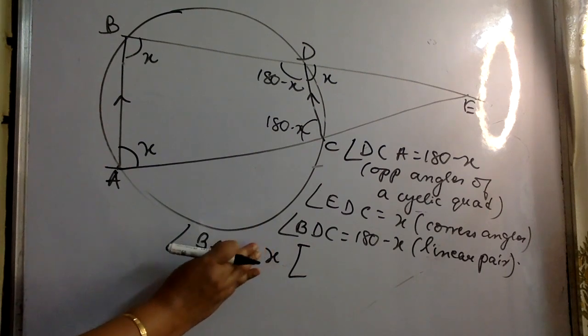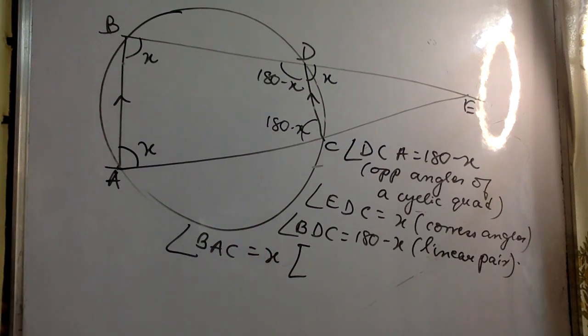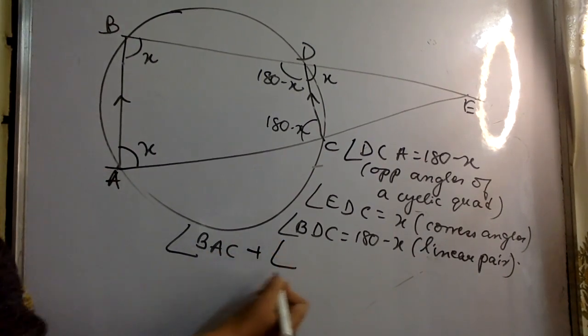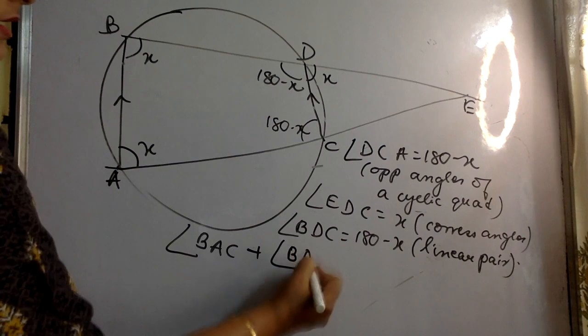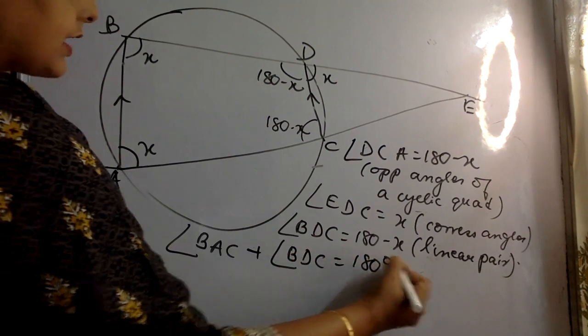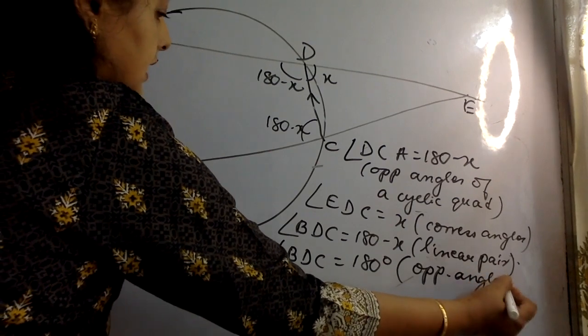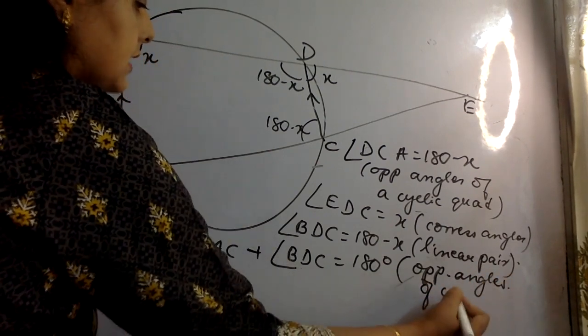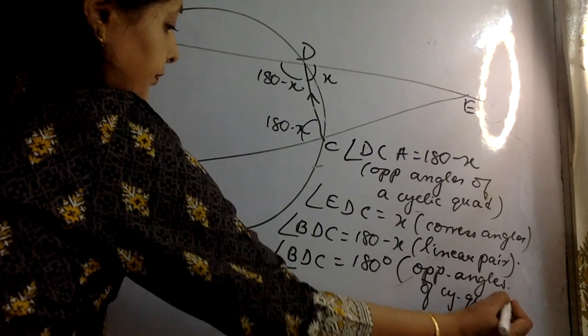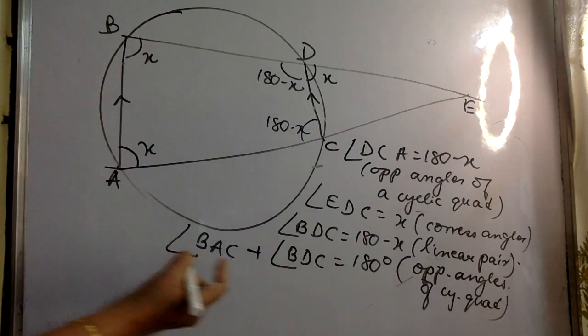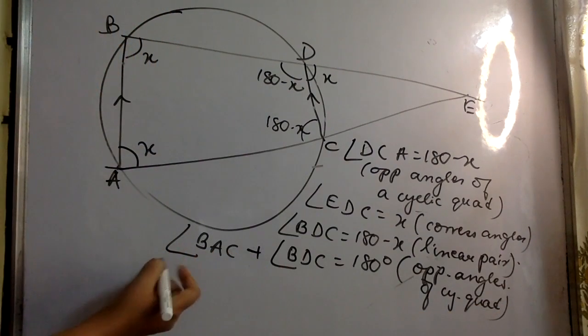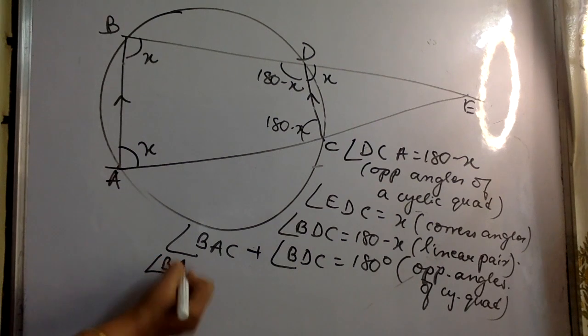Angle BAC plus angle BDC is equal to 180. Why? Opposite angles of cyclic quadrilateral. Okay. Now, here we don't know BAC, so we'll just keep BAC like that.